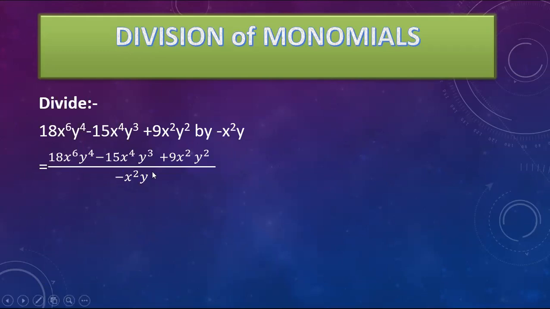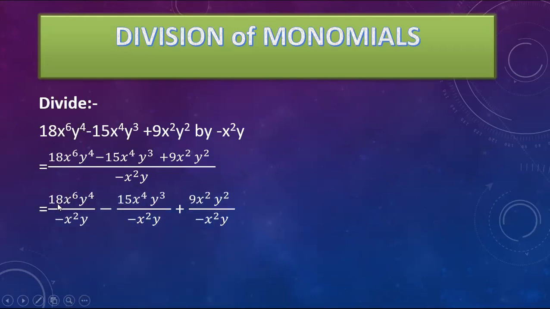Now write this whole divisor properly below these three terms, like this. First term, divisor, minus. Minus is copied as it is from here. Now the second term, then the divisor with the negative sign.